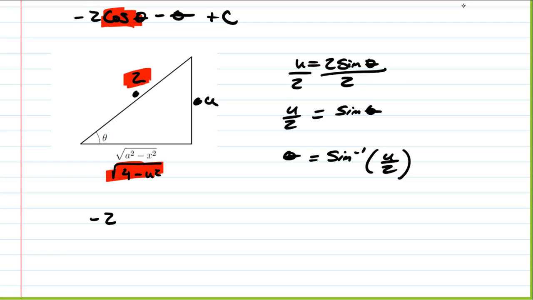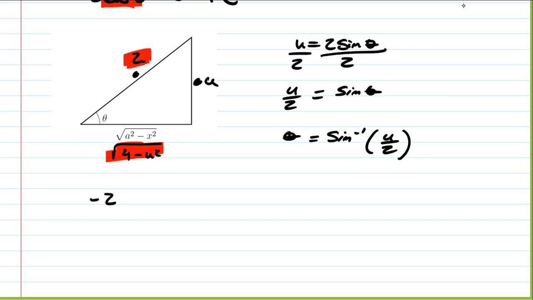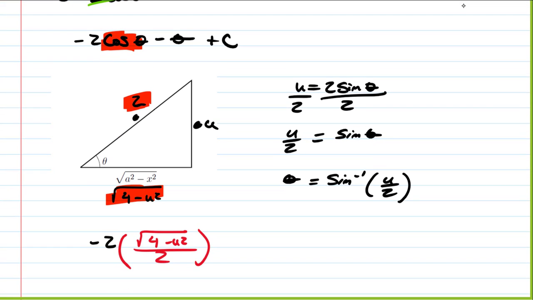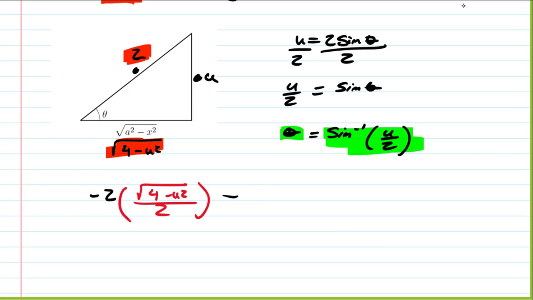So we're going to end up with square root of 4 minus u squared over 2 plus, minus, theta, and theta we figured out over here is going to be sine inverse of u divided by 2 plus our arbitrary constant, right?